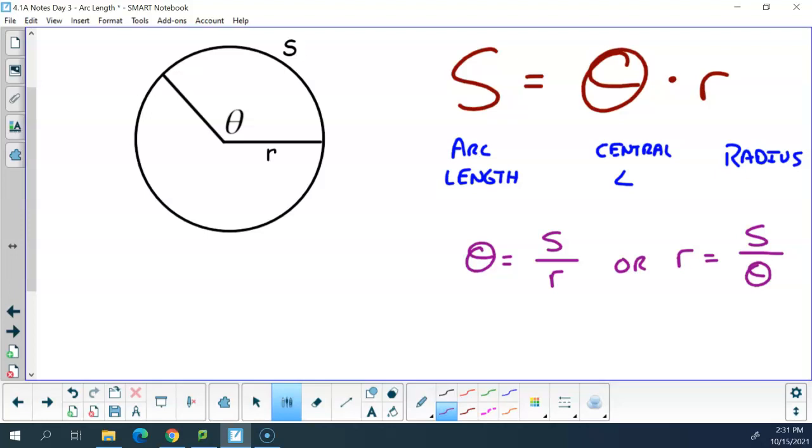Our arc length was 30, our central angle was 2 radians, so we said 30 divided by 2 is 15. That's how we got our radius of 15.